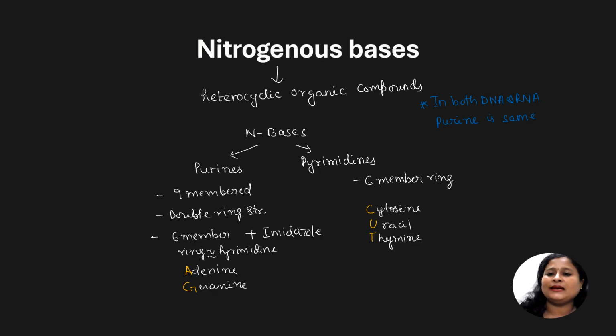Pyrimidine is different in DNA and RNA. In RNA, only uracil is present, while in DNA, thymine is present. So what's the common pyrimidine in case of both DNA and RNA? Cytosine is the common pyrimidine.